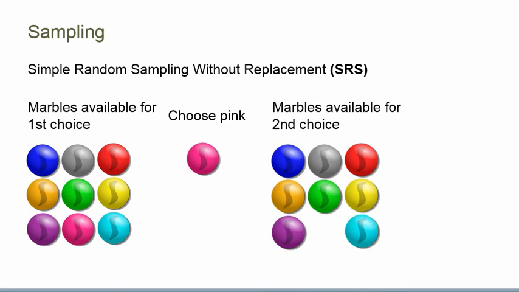The marbles available for the second choice are down to 8: blue, silver, red, orange, green, yellow, purple, and turquoise. When performing a simple random sample without replacement, once you choose something, your sample size goes down by 1. I had 9 marbles for my first choice. However, for my second choice, I had 8.